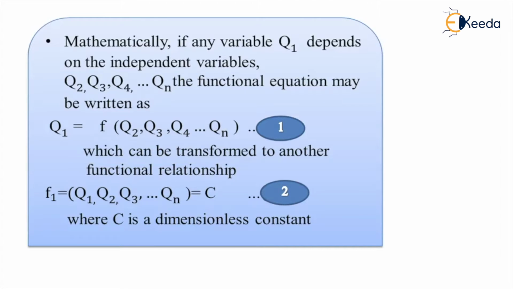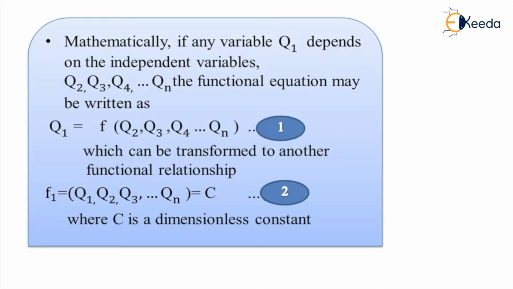Mathematically, if any variable q1 depends on the independent variables q2, q3, q4 up to qn, the functional equation may be written as q1 is equal to a function of q2, q3, q4, ..., qn.